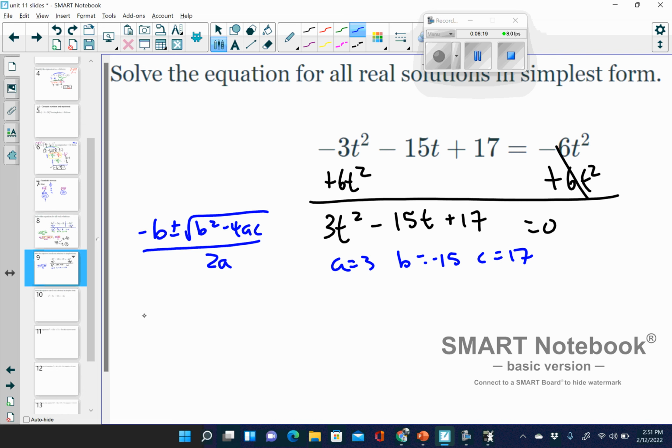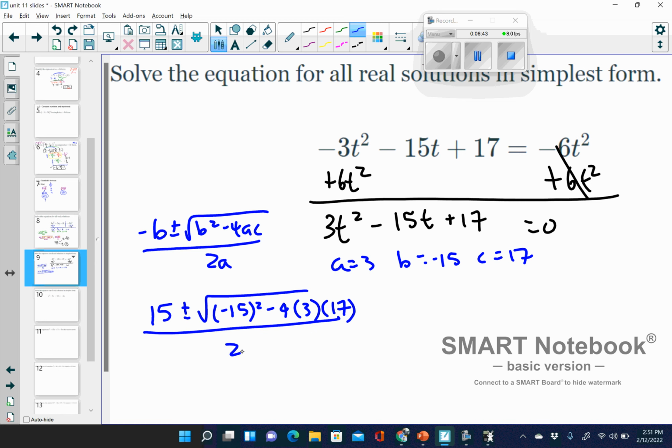So this is going to be negative 15 plus or minus the square root of parentheses, negative 15 squared minus 4 times a, which is 3, times c, which is 17, all over 2 times a, which is 3.